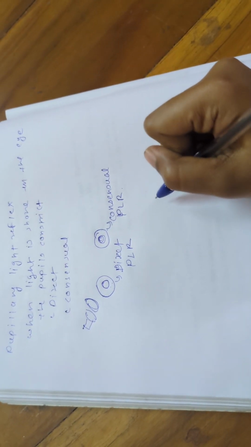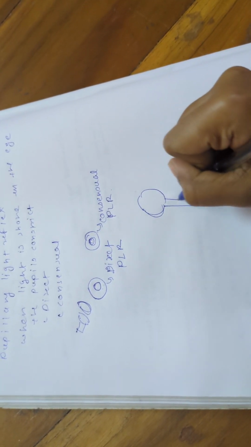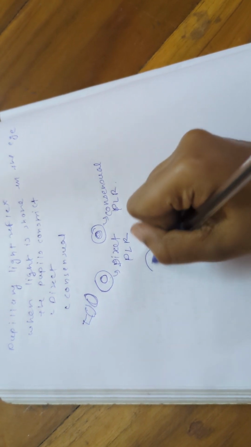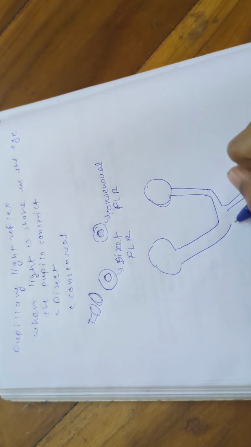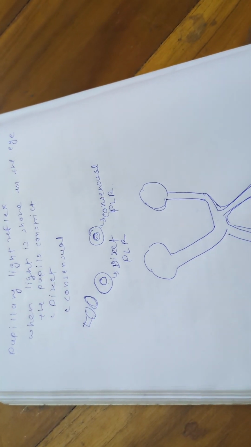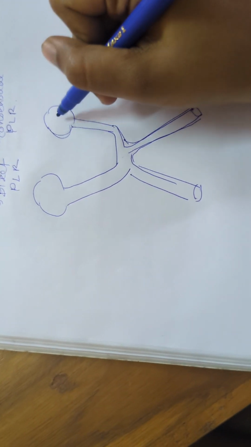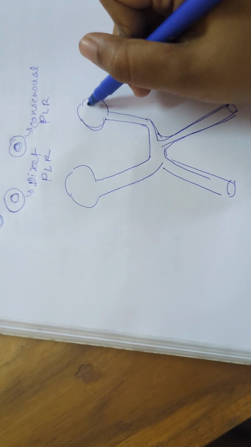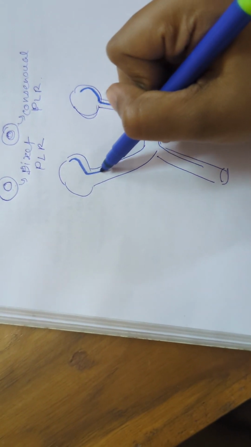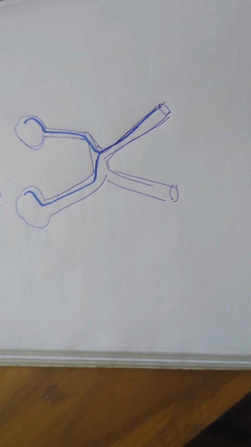So in the pupillary light reflex pathway, if this is eye and we know this is retina, the fibers on the inside are nasal fibers and the fibers on this side are temporal fibers, and the temporal fibers do not cross, but the nasal fibers cross at the optic chiasma.